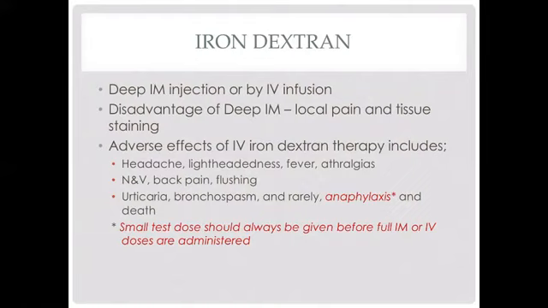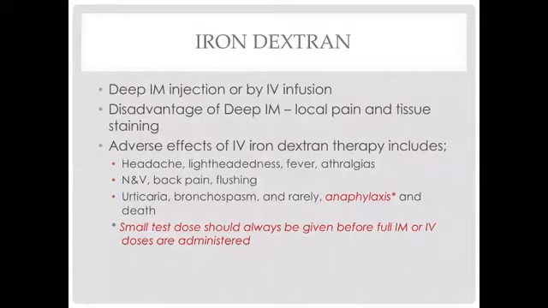Between the two, it's more convenient to use intravenous administration because it eliminates local pain and tissue staining, unlike IM that can cause both problems, or both inconvenience to the patients, like local pain and tissue staining.